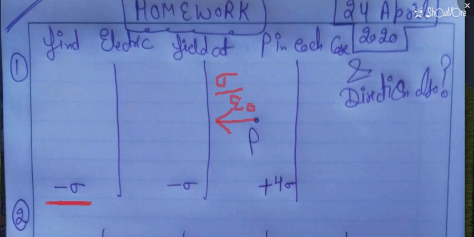For this sigma I am using this color, and due to this sigma the electric field at point P is in this direction, and its magnitude is sigma by epsilon naught.